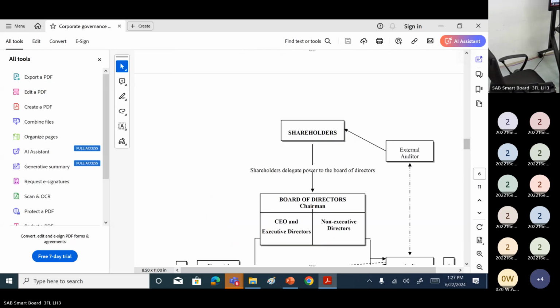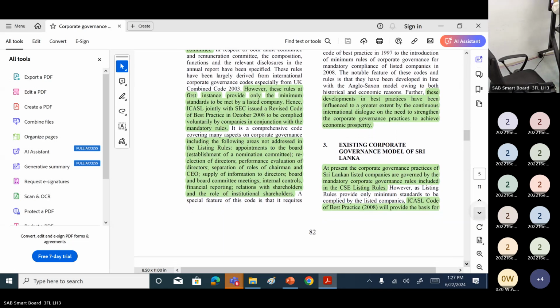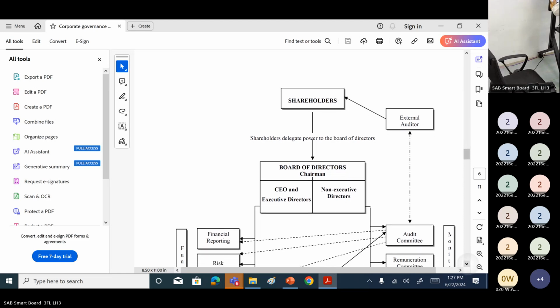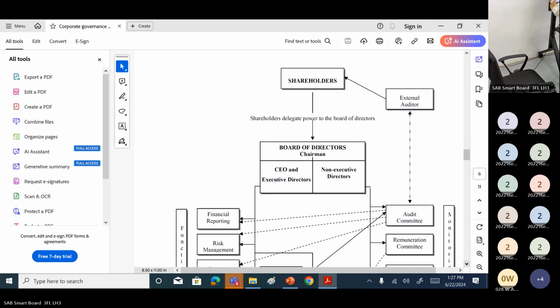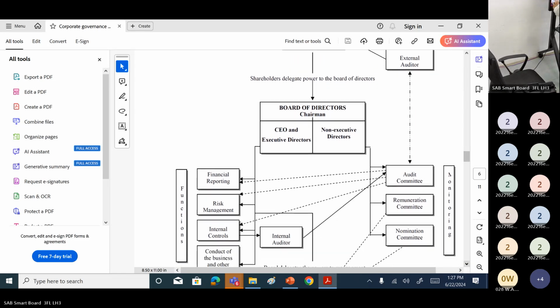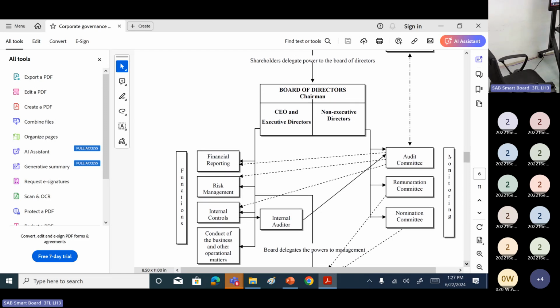So the audit committee will monitor the financial reporting, the audit committee will monitor the risk management, and the audit committee will monitor the internal controls. So this is the part we looked at.